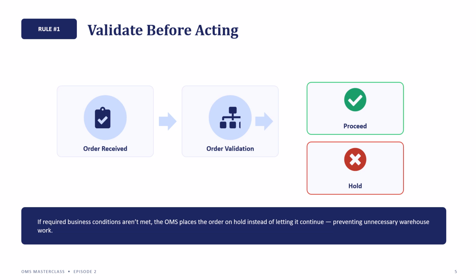It also validates whether the ordered product exists in the retailer's catalog and whether the order complies with the retailer's business rules. If any mandatory validation fails, the OMS can place the order on hold or send it for further review instead of forwarding it for fulfillment. Only after all validations are successfully completed does the OMS move to the next stage of decision making. And the next question is one of the most important ones. Do we actually have inventory to fulfill Arya's order?